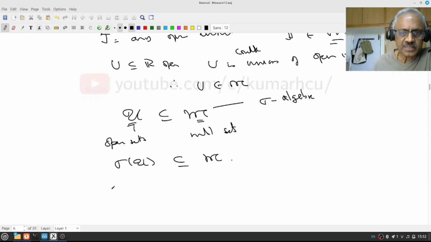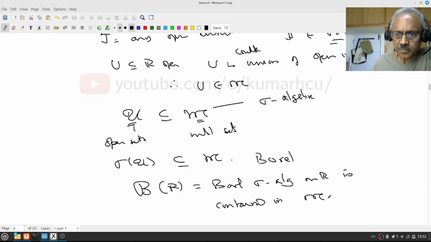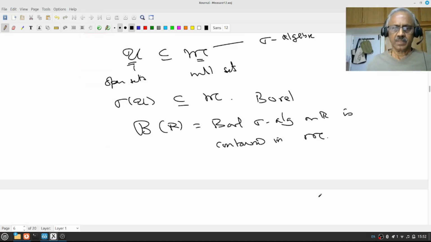So, as a corollary, the Borel sigma algebra B of R on R is contained in the class of all measurable sets. Any element of this Borel sigma algebra is called a Borel set.